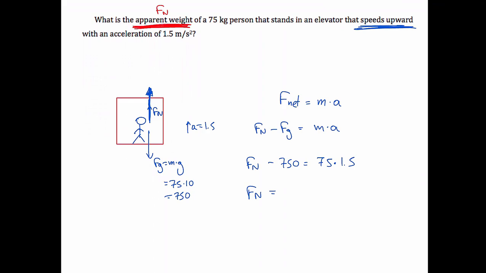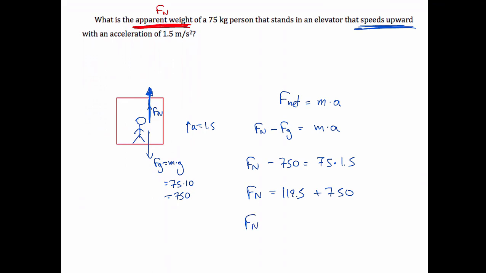This will be a little bit more than 110. If I'm not mistaken, 112.5 plus 750, and the result is approximately 862.